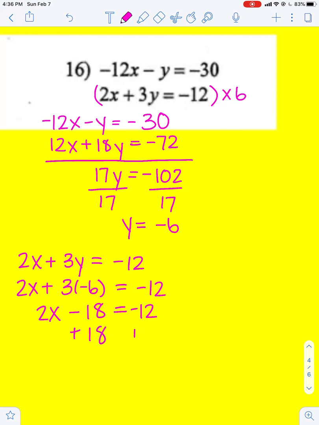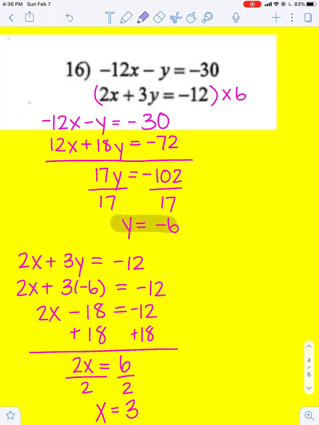And then I'm going to add 18 to both sides, just like I normally do, solving a two-step equation. And I'm going to get 2x is equal to 6. We'll divide by 2 on both sides to get x is equal to 3. So here I have y is equal to -6, x is equal to 3. So I can write the point 3, comma, -6 as my answer.